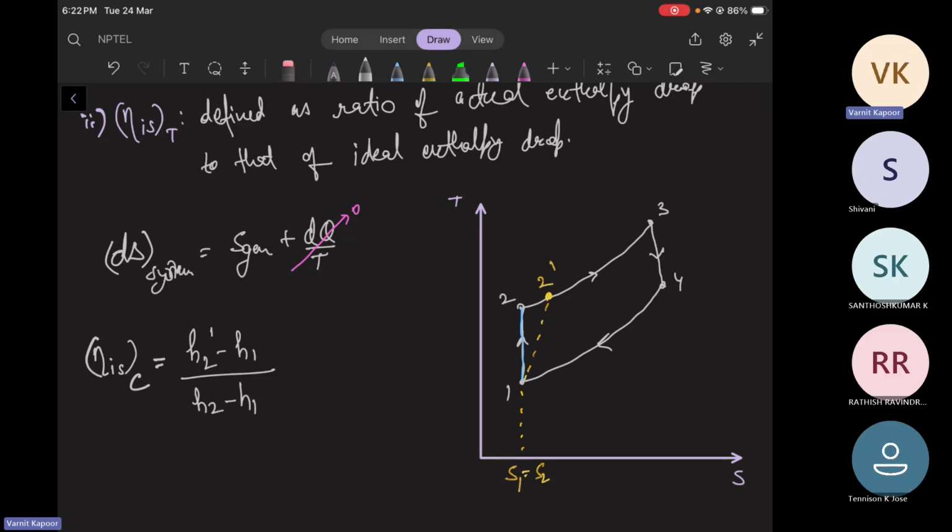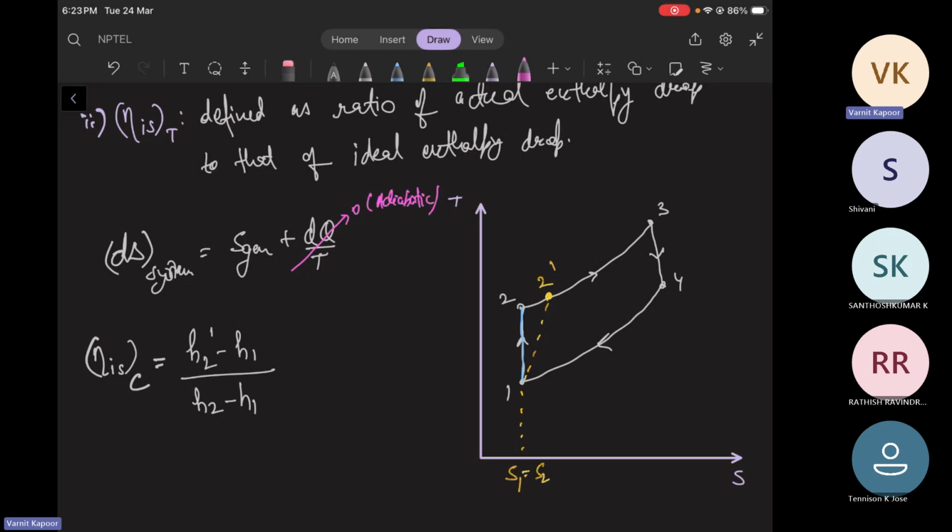Again, isentropic means internally reversible plus adiabatic. So if it is internally reversible, S generation is going to be zero. If it is not internally reversible, it is going to be greater than zero. So in actual scenarios, S generation will always be greater than zero. Let me write adiabatic.